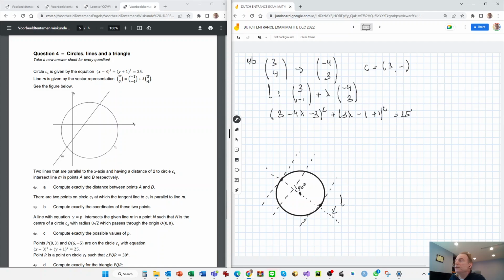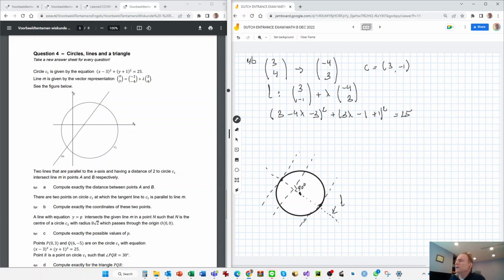Okay, so these things drop actually. That's because this position factor is exactly the radius.